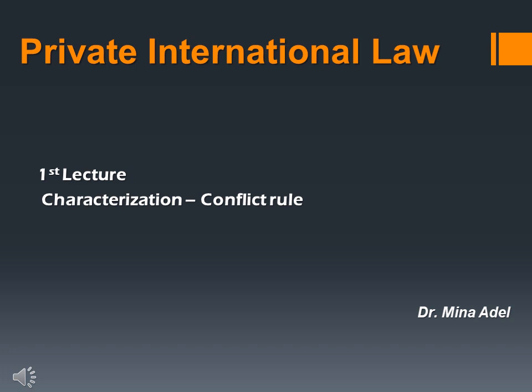So what is the primary characterization? In Arabic we call it التكييف الأولي, or sometimes a preliminary question. It is the first step operated by the forum in order to determine to which legal category this problem is attached.